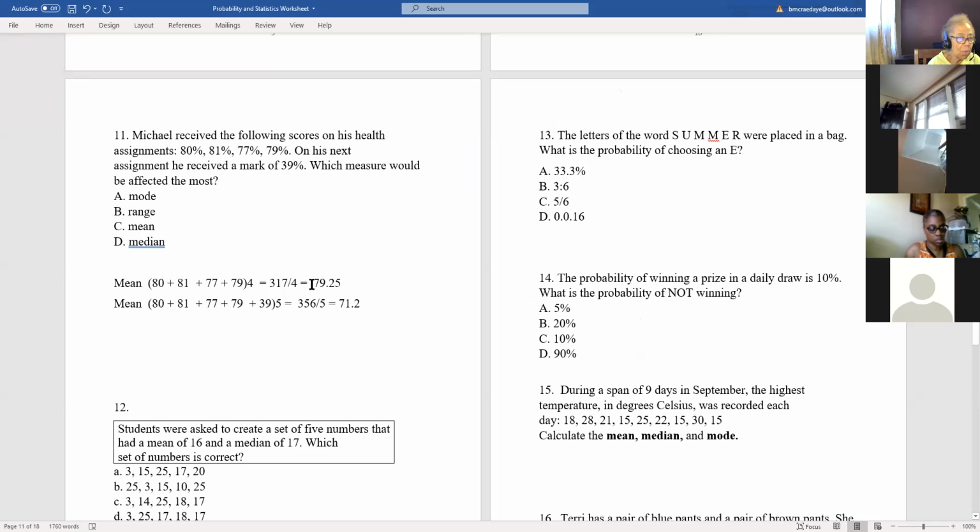All right. So now in this one, you got the 356 over 5, which is 71.2. Okay. So what's the difference? The 79.25 minus 71.2.